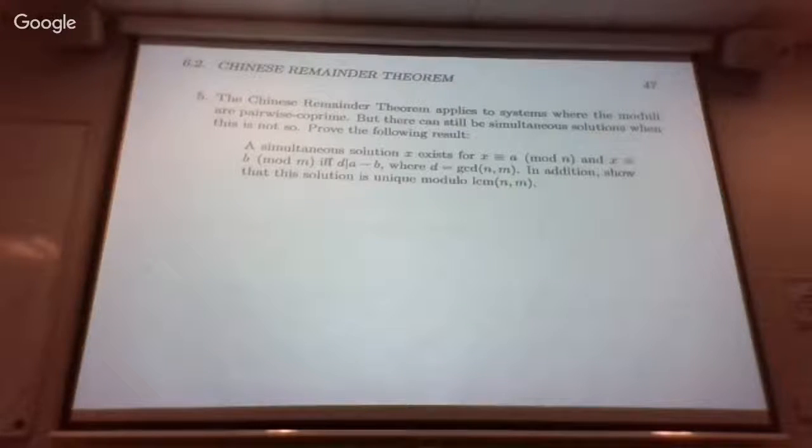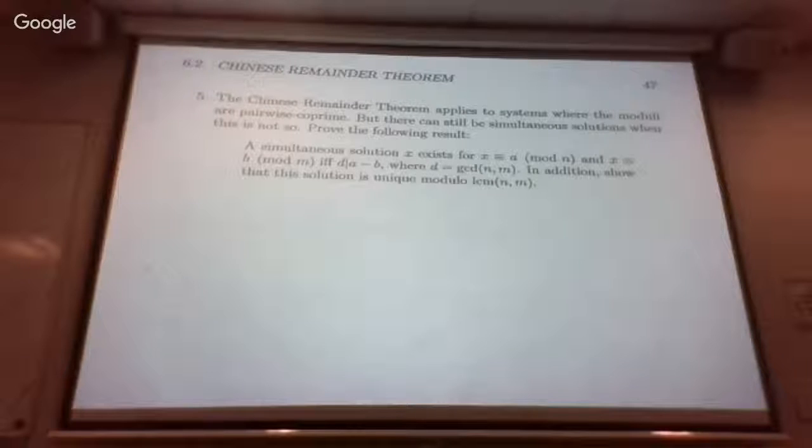When n and m are co-prime, then their least common multiple is just the product. But in general, the similar kind of thing is the least common multiple. The smallest number that's simultaneously a multiple of n and m.